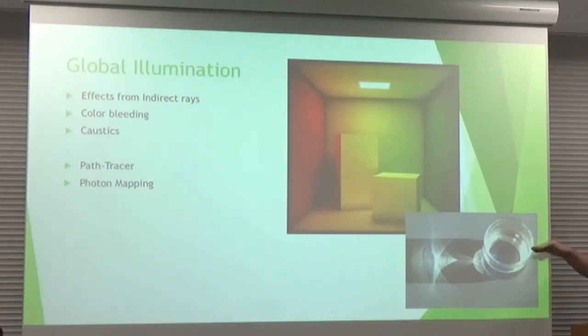Rays going through transparent objects like glass make a pattern on another surface. Kaz Renderer is currently implementing global illumination algorithms: path tracer and photon mapping.